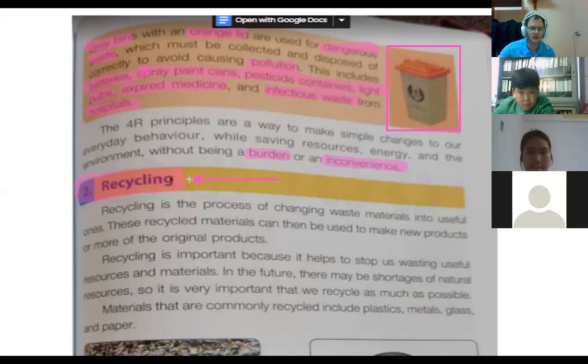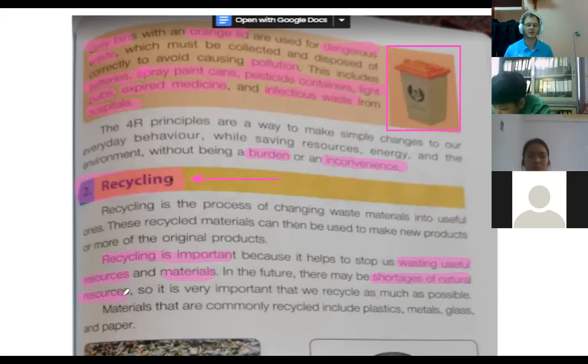So recycling is important because it helps to stop us wasting useful resources and materials. Very important. In the future, there may be shortages of natural resources. What does it mean, shortages? It means there might not be enough for everyone.